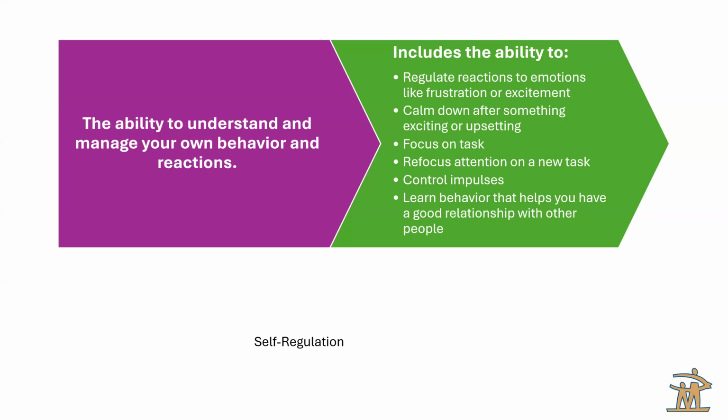So again, it's managing emotions, it's controlling impulses, focusing attention, calming the body and the mind, and using strategies rather than reacting. So think about how important that is for kids in school. When it's a child who has very poor self-regulation skills, those are the kids that parents and teachers are going to get frustrated with.